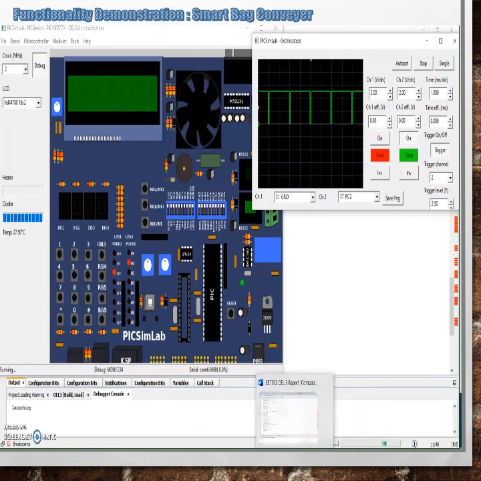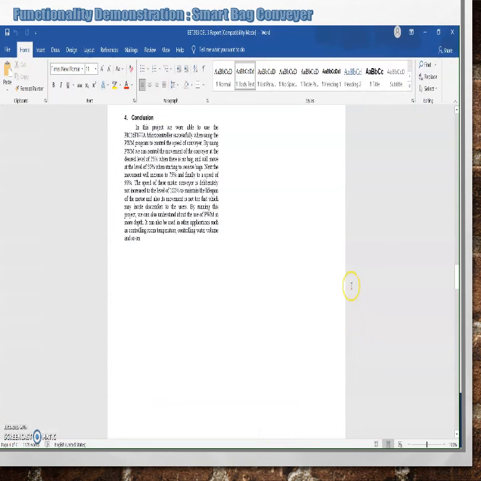Lastly, as a conclusion, in this project we were able to use the PIC 16F877A microcontroller successfully, using the pulse width modulation program to control the speed of the conveyor.